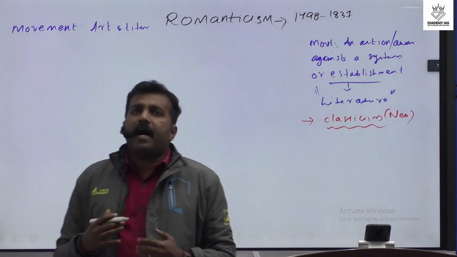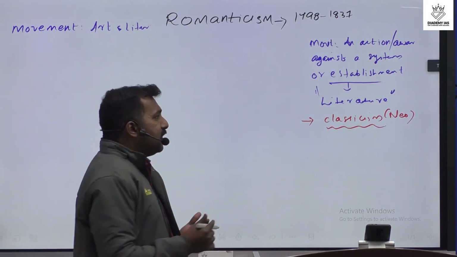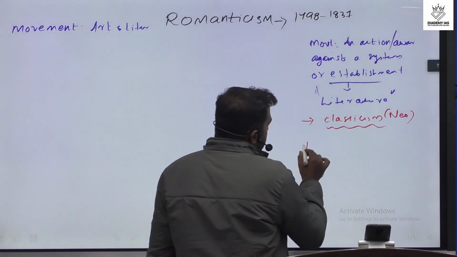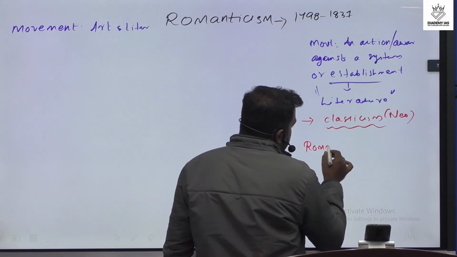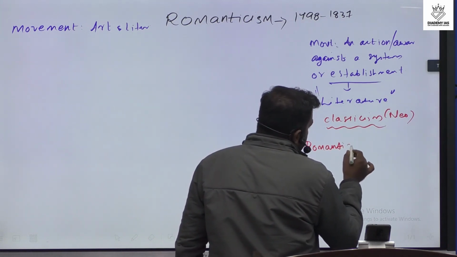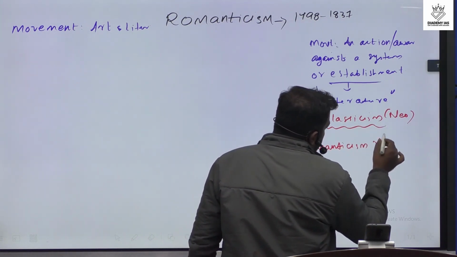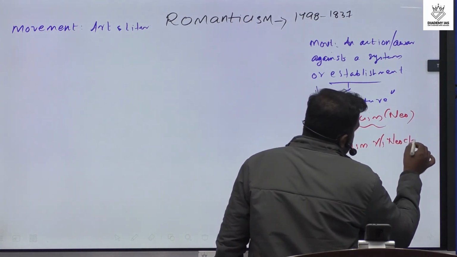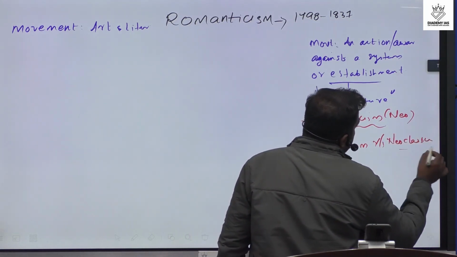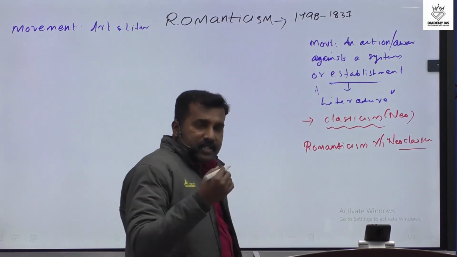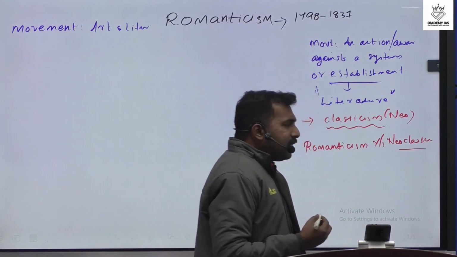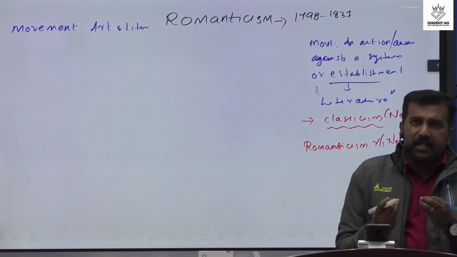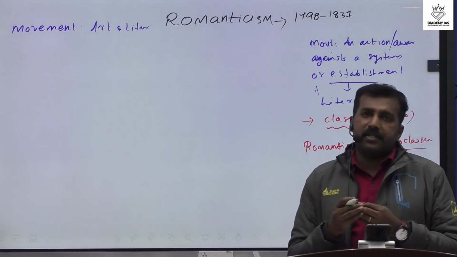And this Romanticism was against neoclassicism. So we can say Romanticism versus neoclassicism or classical literature.